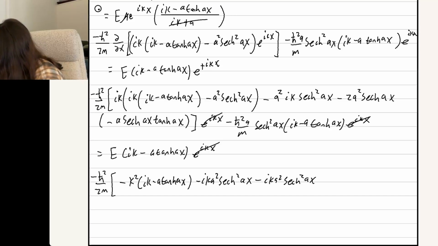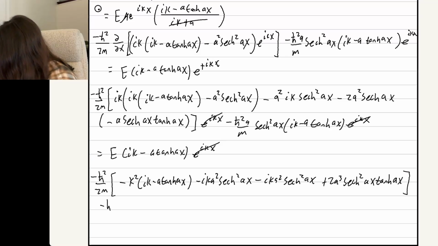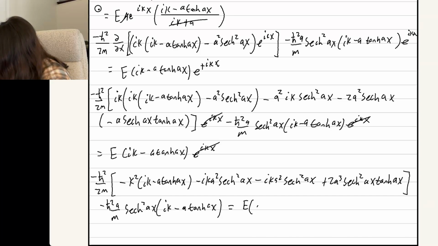That's fun. And then also plus 2a cubed sech squared ax tanh ax, minus h bar squared a over m sech squared ax (ik minus a tanh ax) equals e times (ik minus a tanh ax).